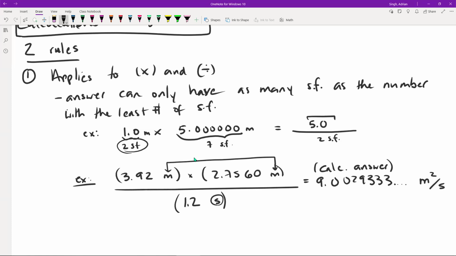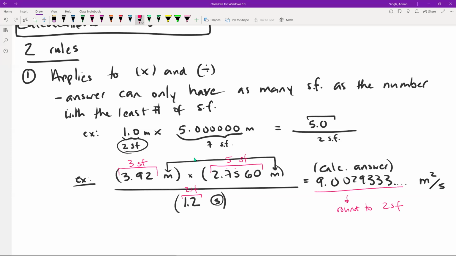So according to the rule I mentioned above, I'm going to look at my number of sig figs. 3.92 has 3 sig figs. 2.7560 has 1, 2, 3, 4, 5 sig figs. And then 1.2 has 2 sig figs. So this means my final answer needs to be rounded to 2 significant figures.